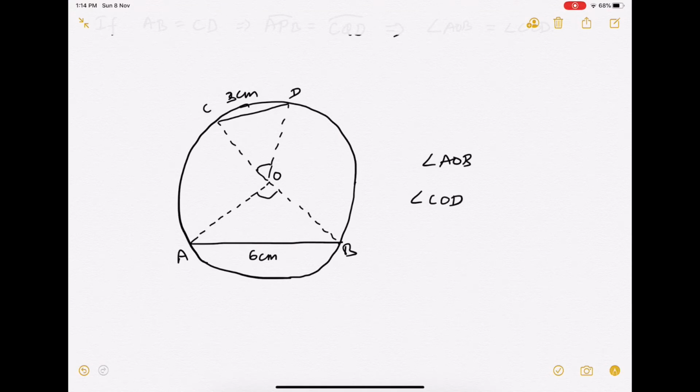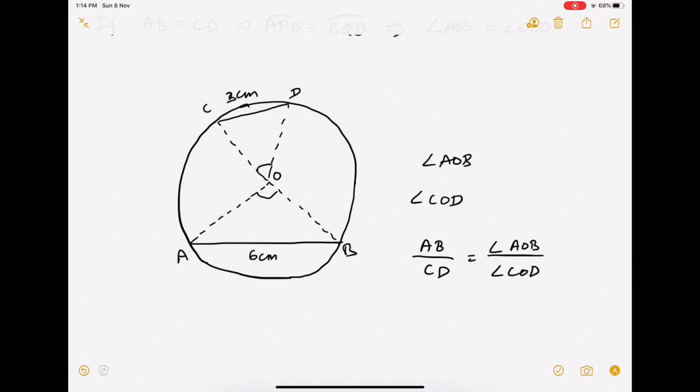Now there is a relation between the angle subtended. So if I look at the ratio of the lengths of chords AB and CD, it will be equal to the ratio of the angle subtended by these chords at the center.